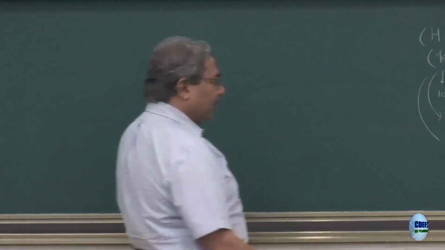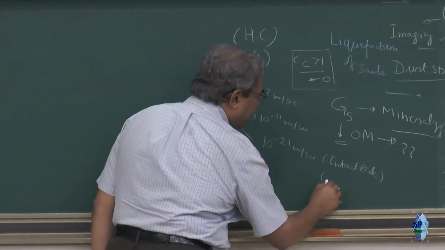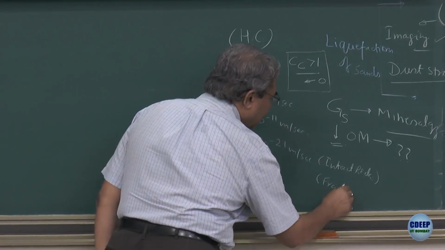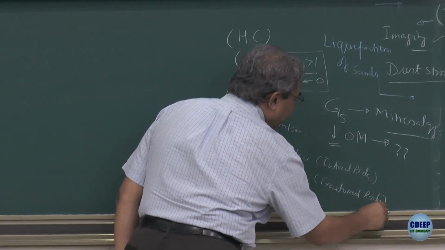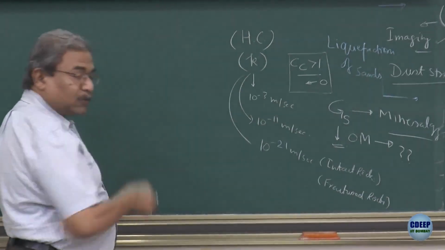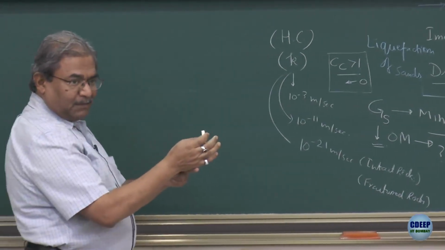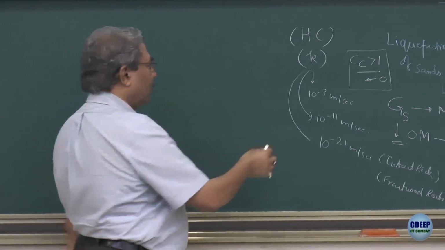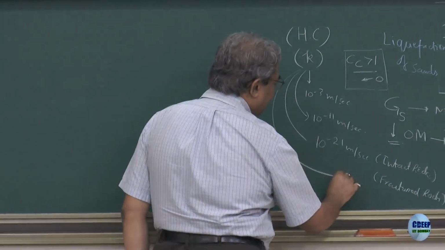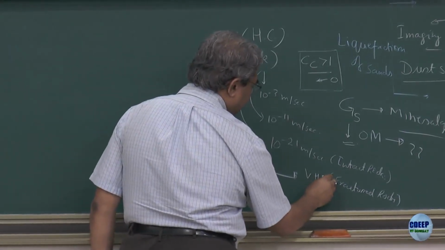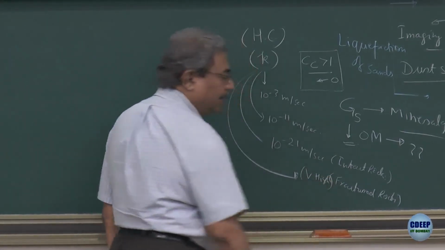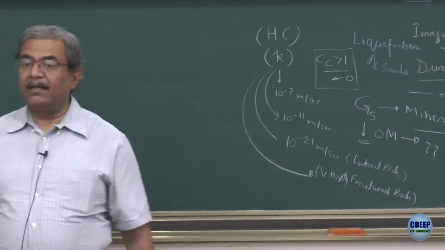If there is a fracture in the rocks, the permeability could be not through the mineral matrix, but through the cracks. Very good. So this will be very high. It could be very high, depends how the crack fracture patterns are located.